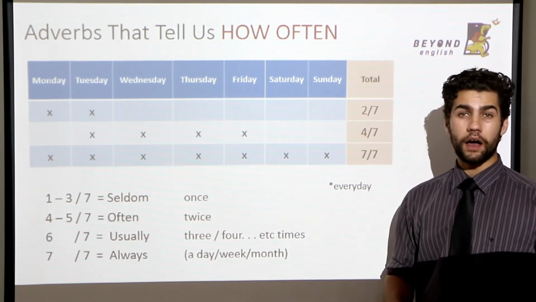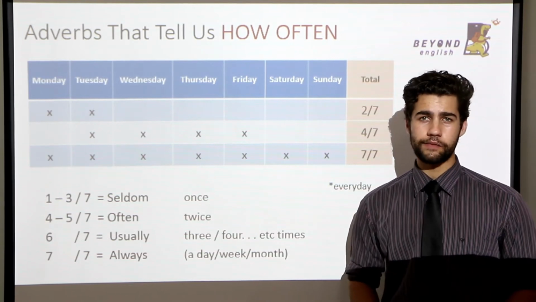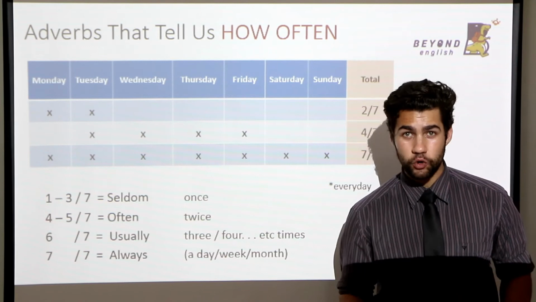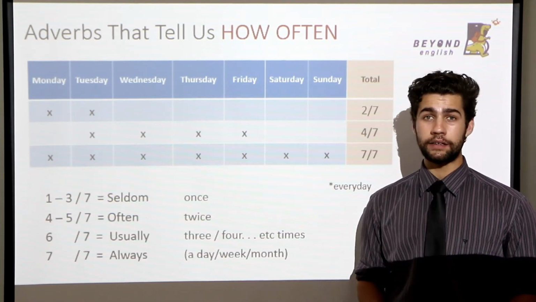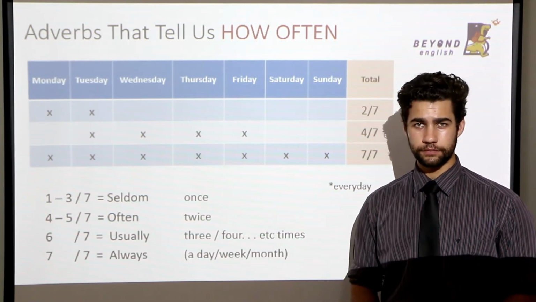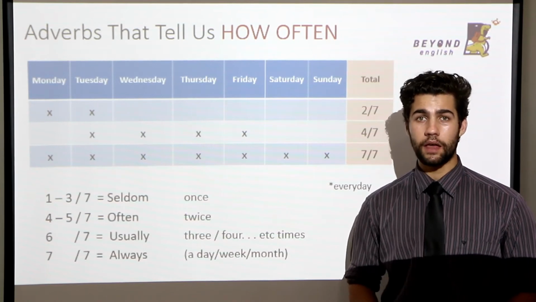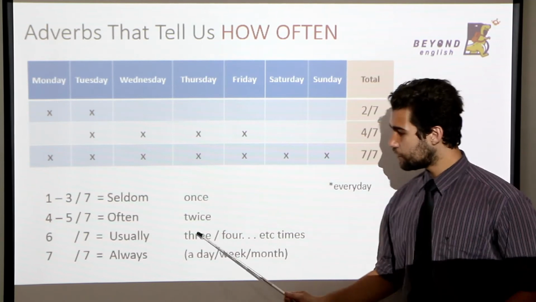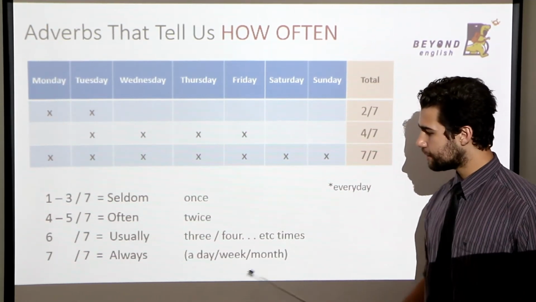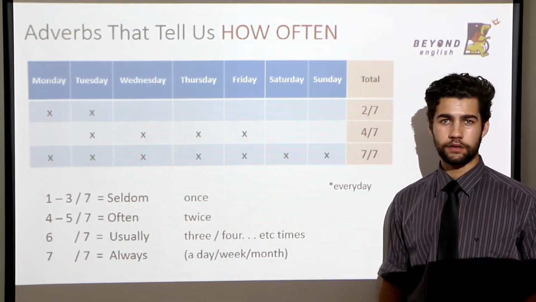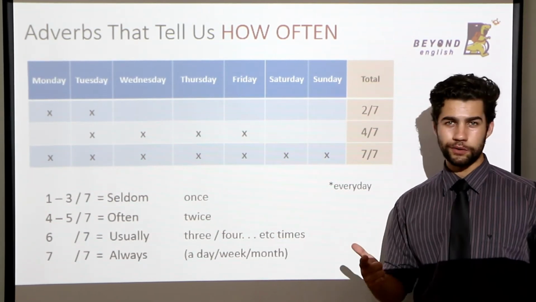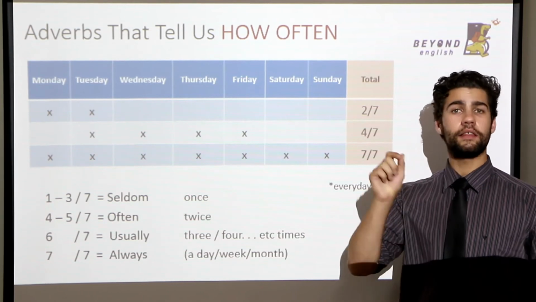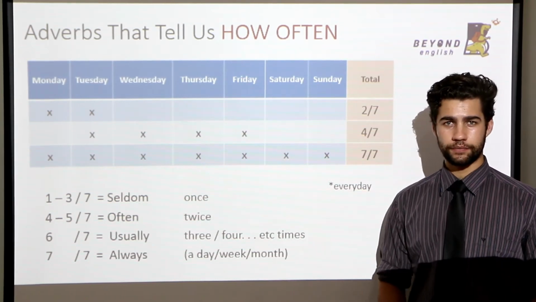So, if I play tennis in the morning, the afternoon, and the evening, I can say, I play tennis 3 times a day. Morning, afternoon, evening. One day, 3 times a day.